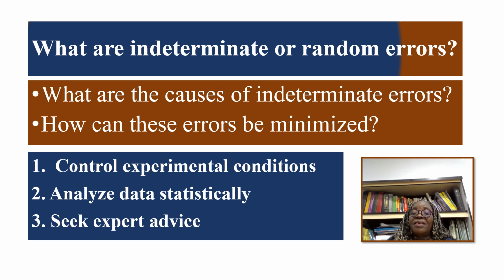That statistical analysis means that your result, you will not just get it once: twice, get the mean, thrice for you to get the standard deviation. You analyze it, and you can seek expert advice. By this, you have corrected your indeterminate errors. At times, they also say you can correct it by increasing your sample size.